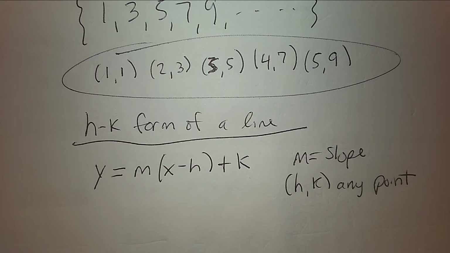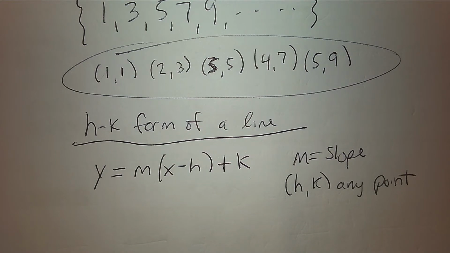All you need to know is one of the terms, not necessarily the first one. If you don't know the first one, it doesn't matter. You need to know the common difference, which is the slope, and any term, which is a point, and then you're done.